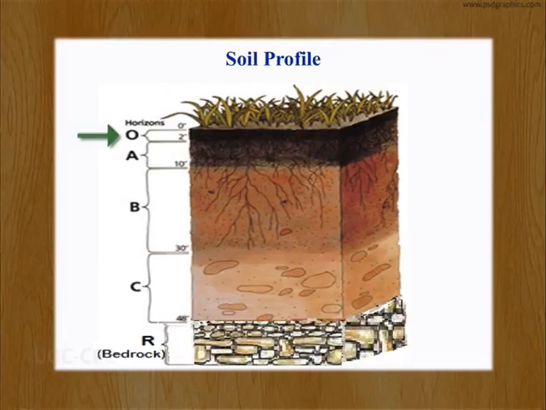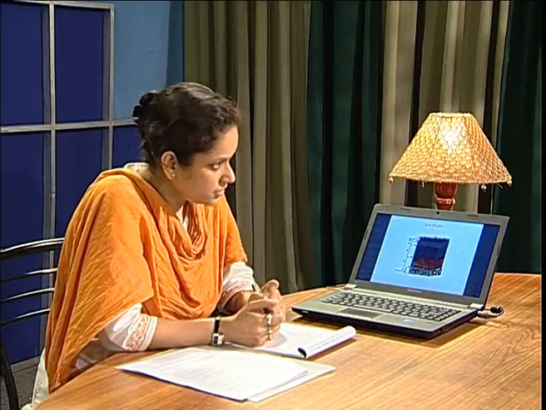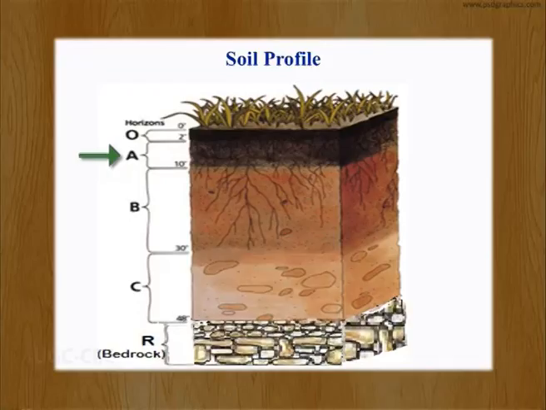Now let us see what O stands for. O, the first layer or the first horizon, is generally rich in organic matter produced from partially or wholly decomposed plant or animal material. Then followed by is A. The A horizon is rich in mineral content along with the organic matter.